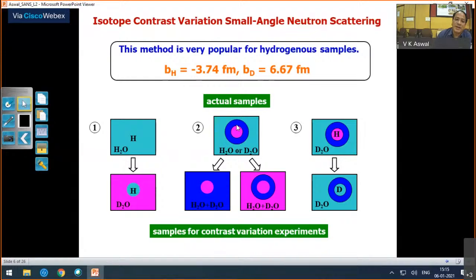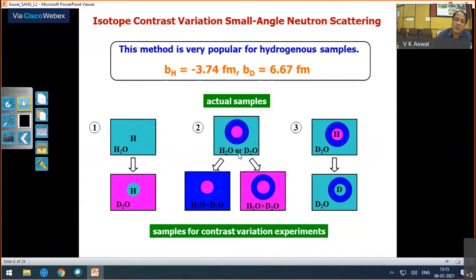And then you can simplify. Since you have H2O and D2O, which have very different scattering length densities, you can mix them in a ratio to get a scattering length density which is between them.